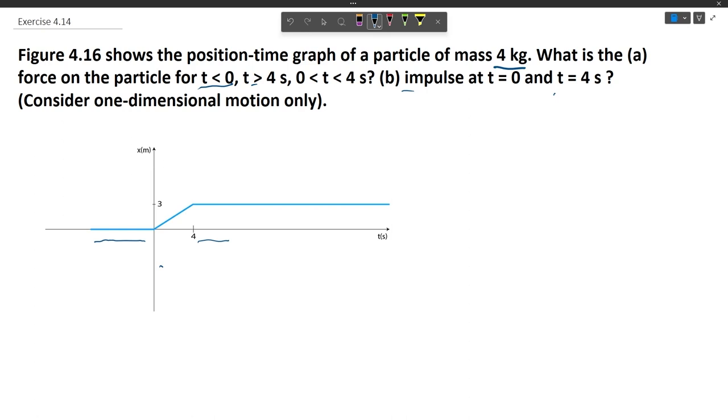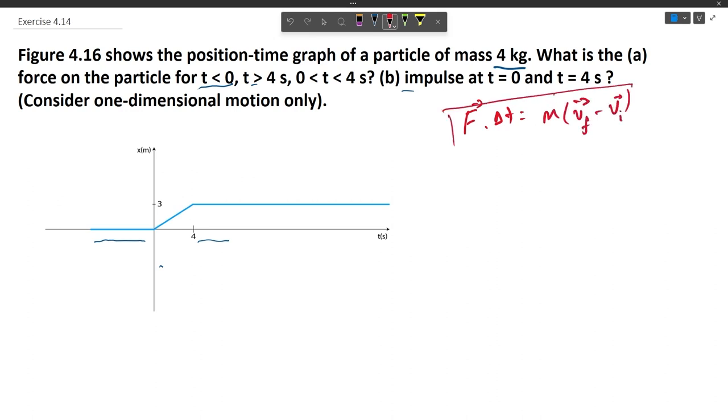So at first we will recall the definition of impulse. Impulse mathematically is given by the expression F delta t, that is mass times final velocity minus initial velocity, final minus initial.